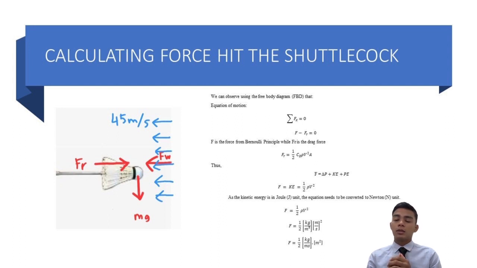So we can summarize as the sum of forces in the x direction equals 0, and then we get wind force equal to Fd, which is the drag force. We already know the formula for drag, which is 1/2 rho v squared times area.